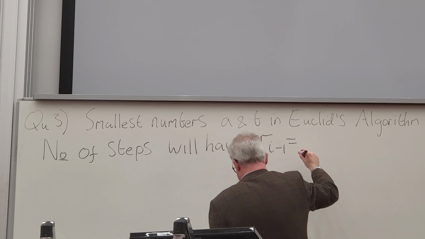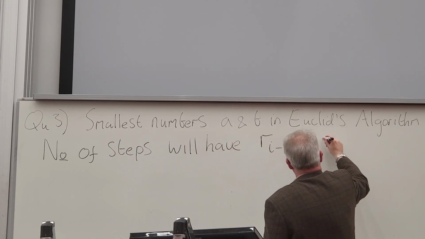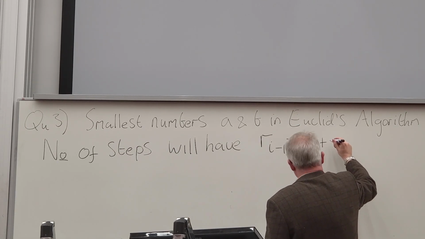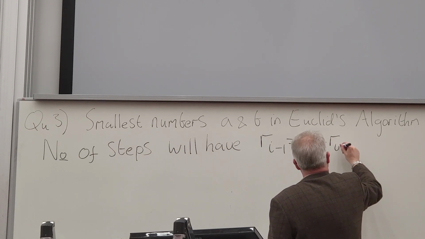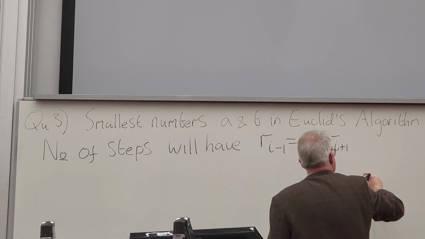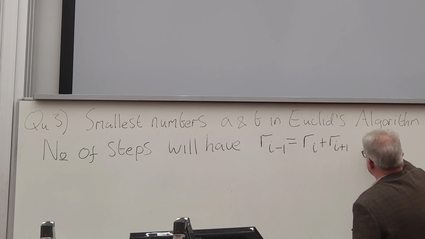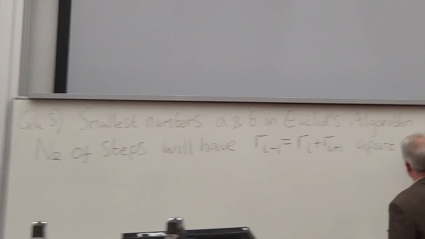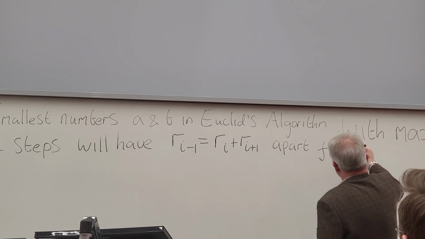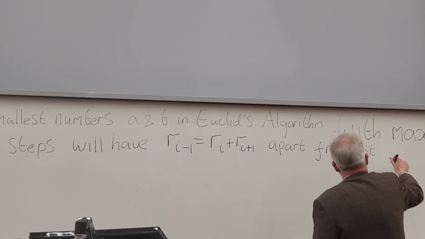So it says the smallest pair of positive integers for which Euclid's algorithm takes 5 steps is 13 and 8. Find the smallest pairs for which the algorithm takes 4 steps, 6 steps. So I'll just start from scratch on this one. So I'll ignore the 13 and 8.